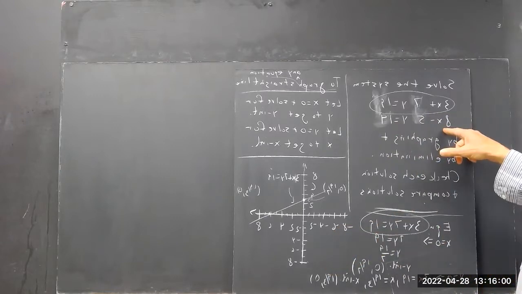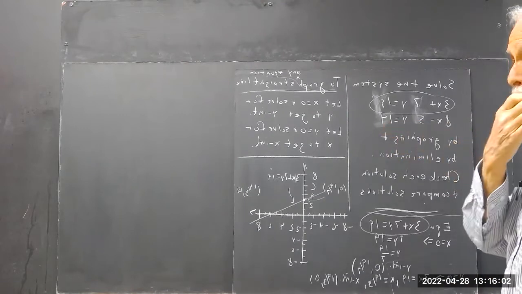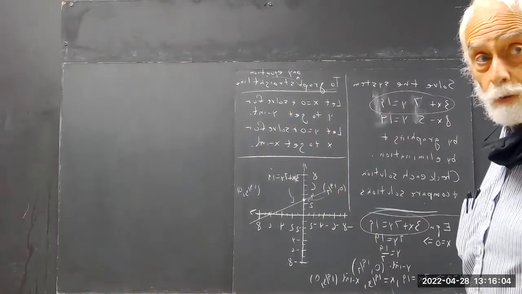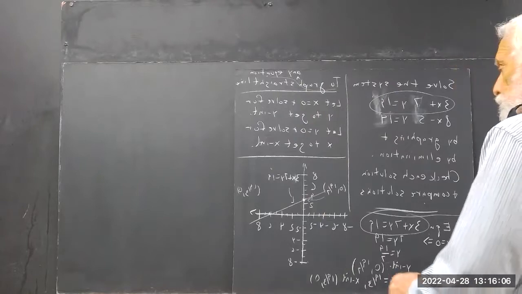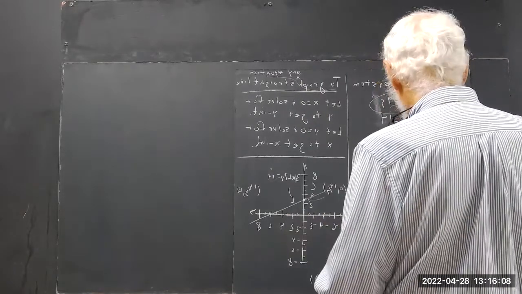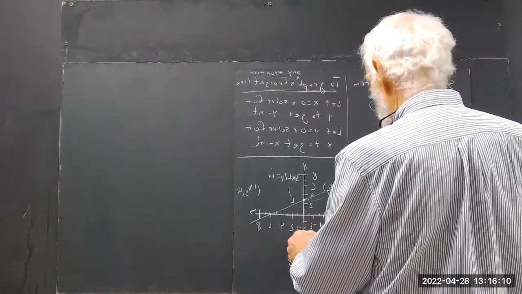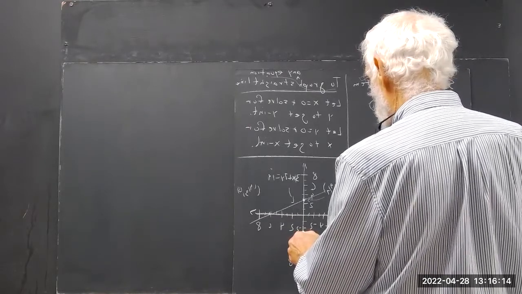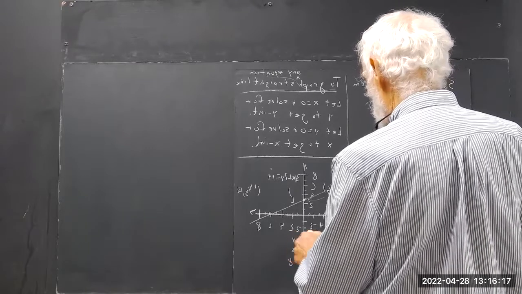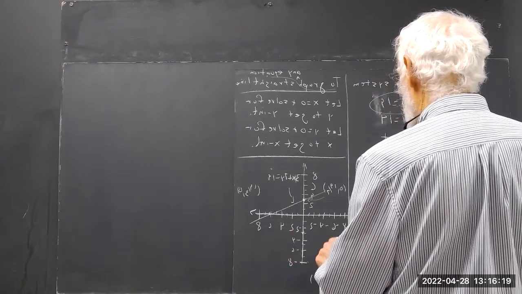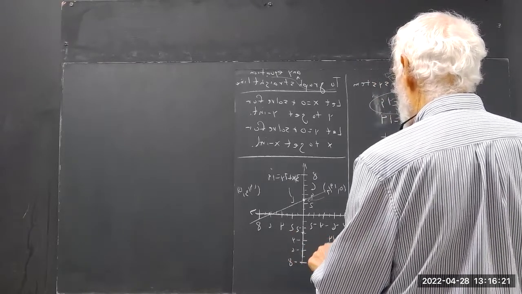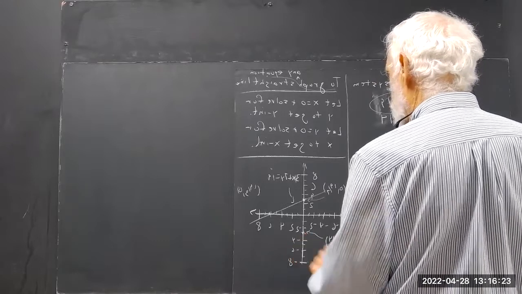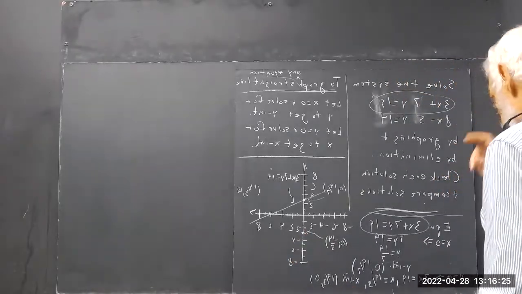If x equals 0, you're going to get -5y = 14, so y = -14/5. So you get 0, -14/5, which is a little above 0, -3. So this is 0, -14/5.